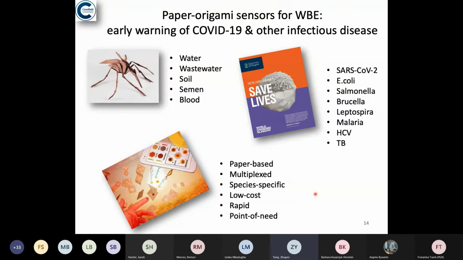This platform is a molecular-based method which can identify species with a specific assay, and the main advantage of this method is that it is very rapid, cheap, and can be used in the field. We are also active in using this platform on different sample types, including water, wastewater, and soil, for environmental application.